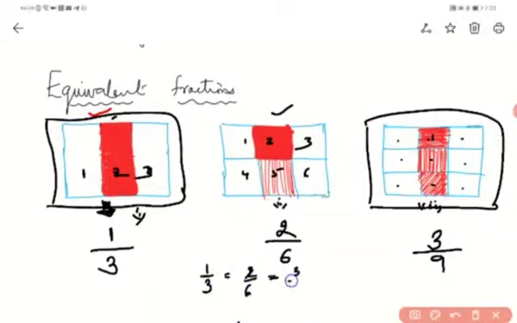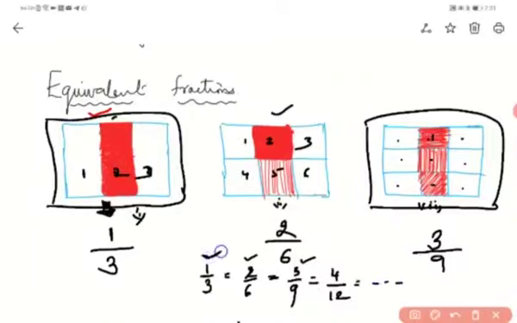So the equivalents of 1 by 3 are 2 by 6, 3 by 9, and 4 by 12, since 4 ones are 4, 4 threes are 12, so I will get again 1 by 3. So you will have so many equivalents.